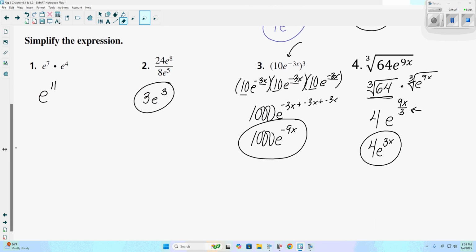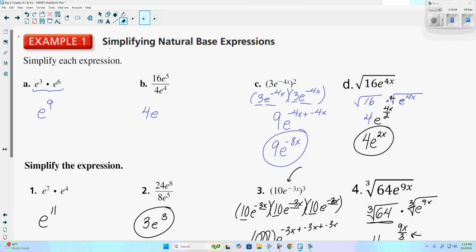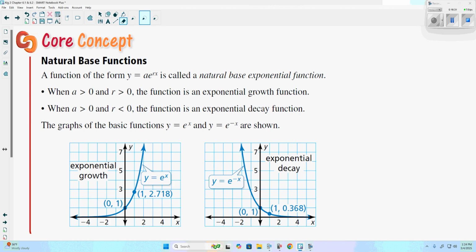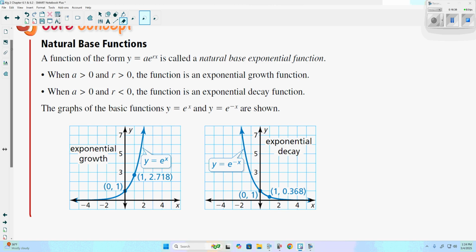Questions on any of this here? Okay. Now, one of the last things we're going to talk about is the natural base function. This natural base e can also be considered growth or decay. It's going to be exponential growth when the exponent attached to e is positive.